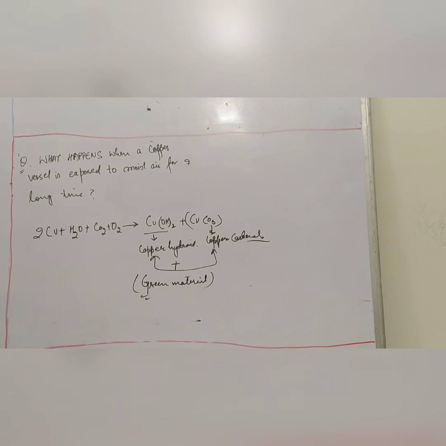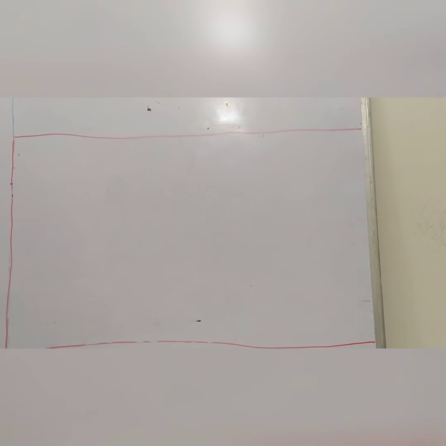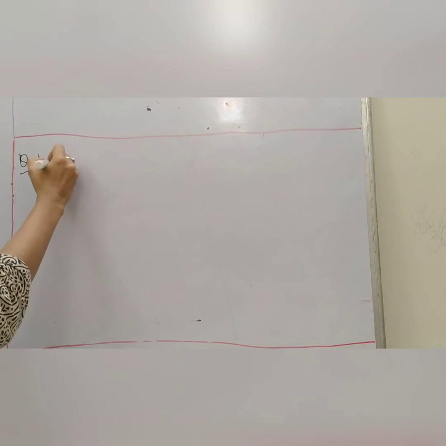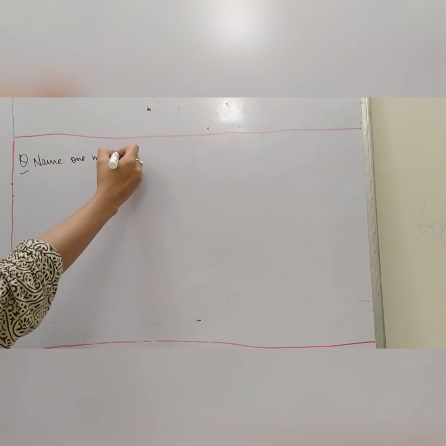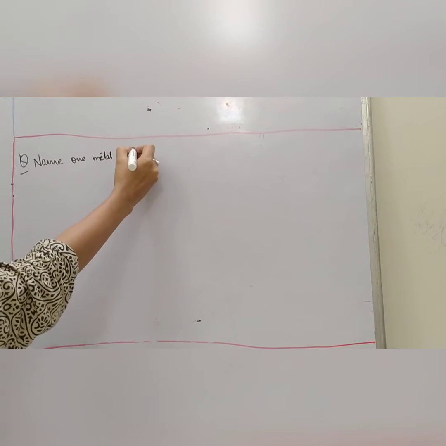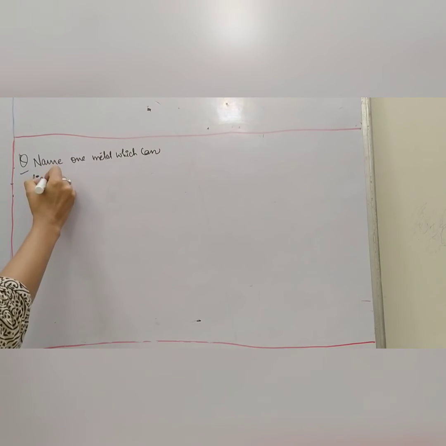Now we have our next question. Students, your next question is: name one metal which can displace iron from iron sulfate solution.